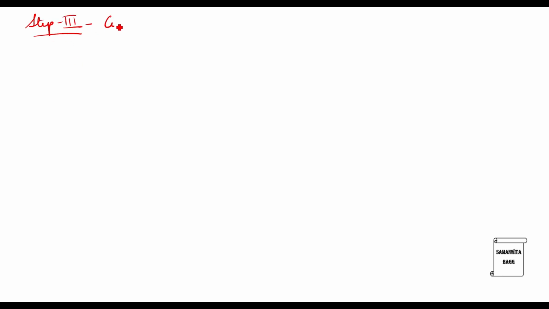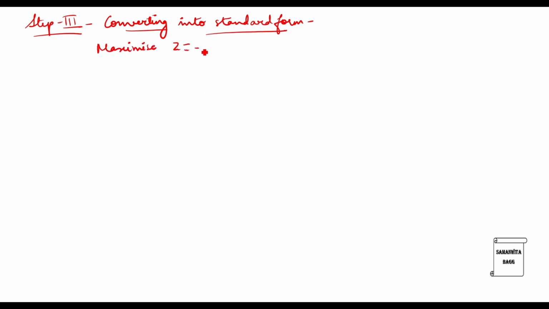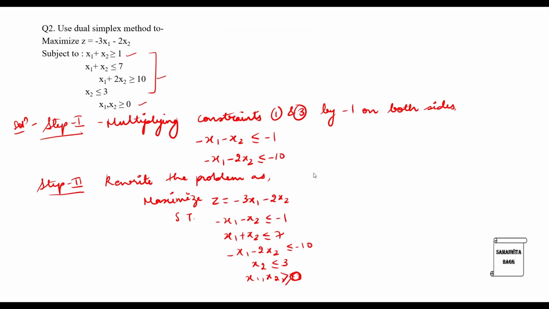Now I'm going to convert the problem into standard form. So this is maximize z, minus 3x1 minus 2x2. It is subject to, now the first constraint you can see is less than equal to. So on the left hand side I'm going to add plus s1. For the second one plus s2, plus s3 and plus s4.